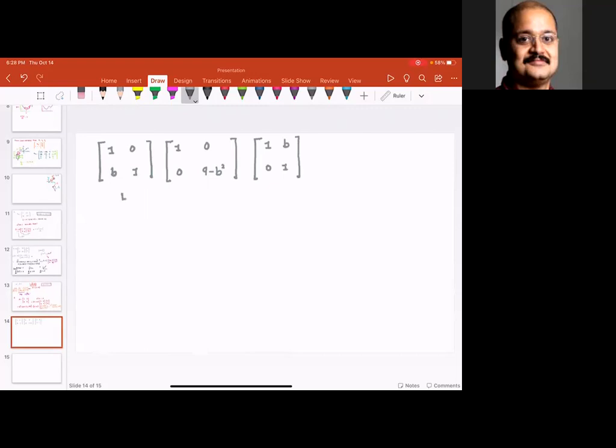So this is L, this is the D matrix, this is L transpose. And then you need to make sure that your D matrix is positive definite.